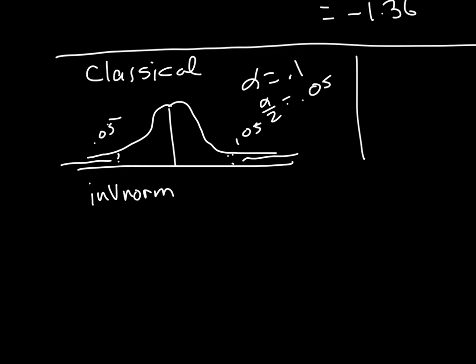And for this left one, if I inverse norm 0.05, my calculator understands left tail area, and I get negative 1.64, which is one of my critical values. And since the normal curve is symmetric, this value on the right side is going to be positive 1.64. So here are my critical values, and there's my shaded region, or my critical region.